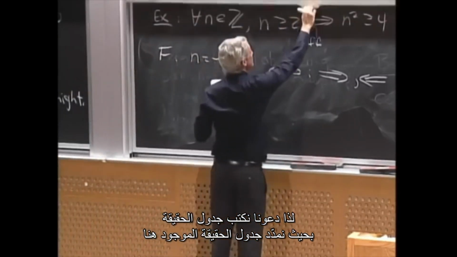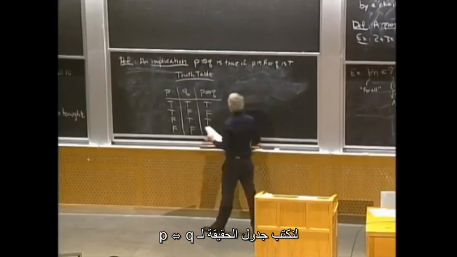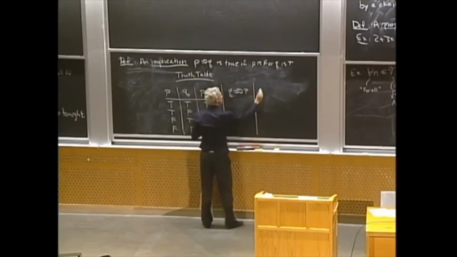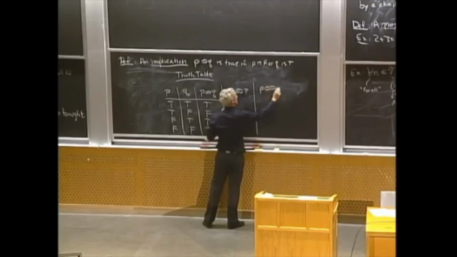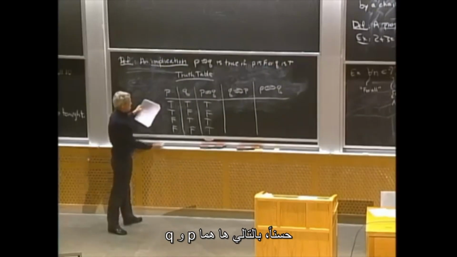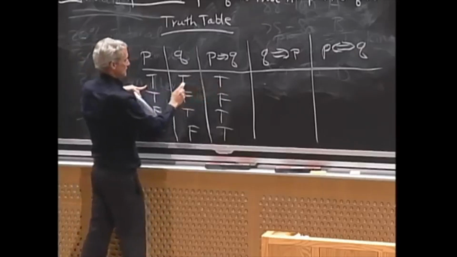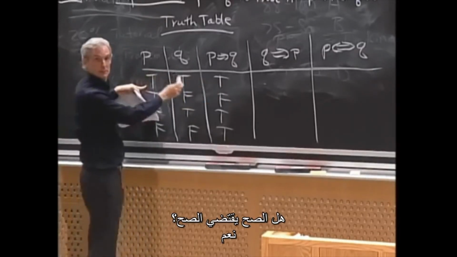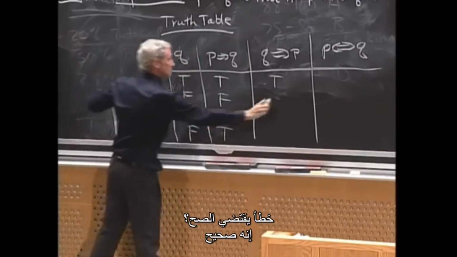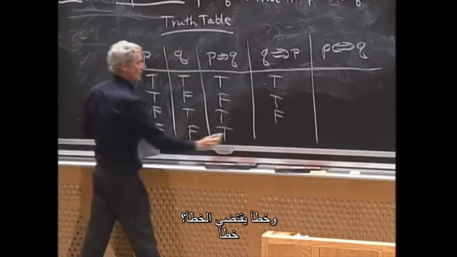Extend this truth table out here to do the truth table for P if and only if Q. All right, so here are P and Q. Is Q implies P true for this row? Yeah. False implies true. That's true. True does not imply false. That's false. And false implies false.